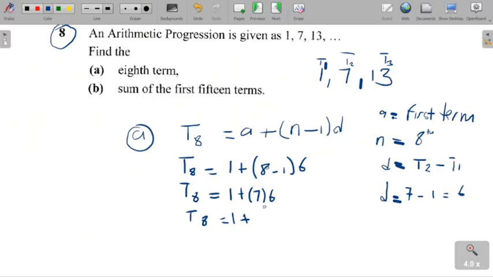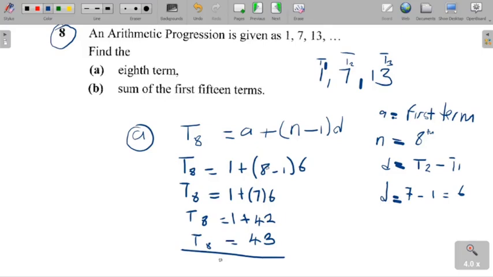We are going to get 474. So 80th term is equal to 1 plus 474, you're going to get 475. So this is our 80th term.